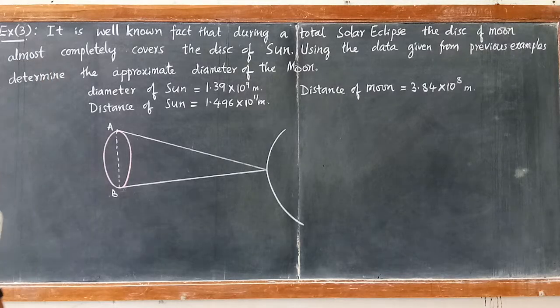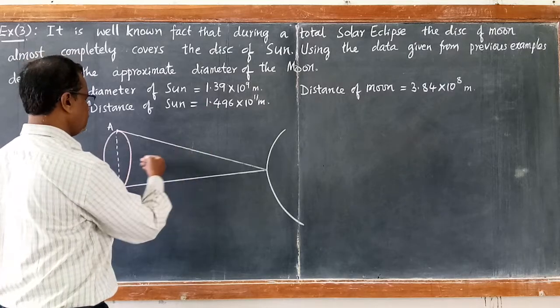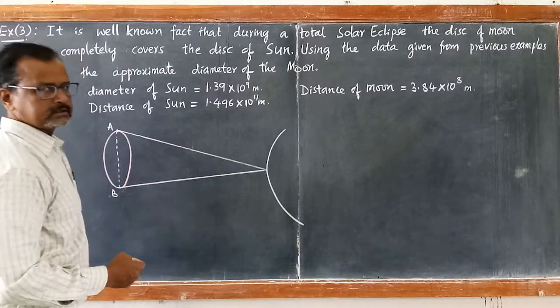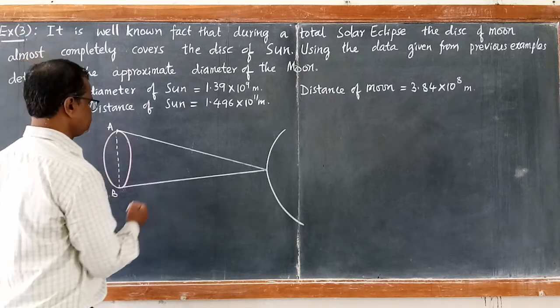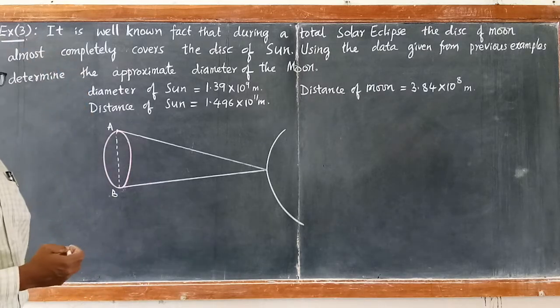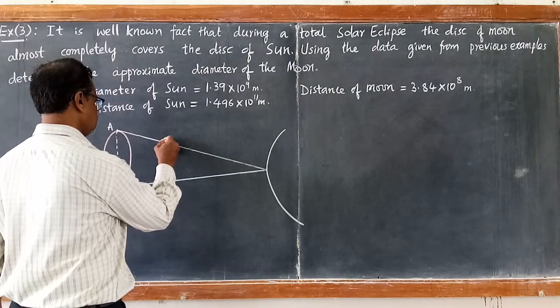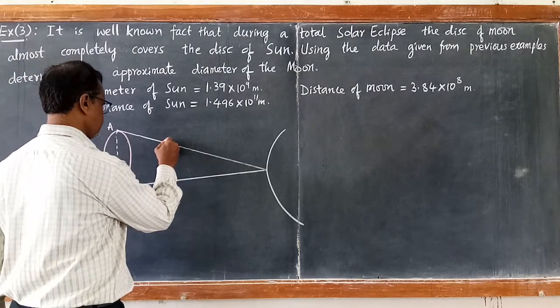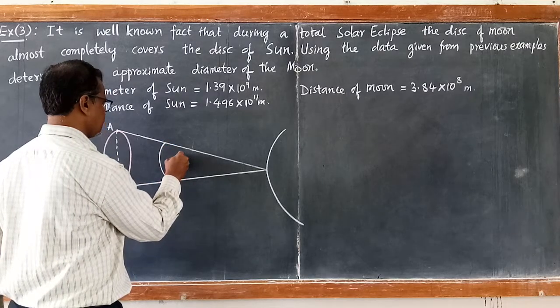During total solar eclipse, what happens? The moon comes in between sun and the earth. When the moon comes in between sun and the earth, total solar eclipse takes place. Suppose the position of moon is here.